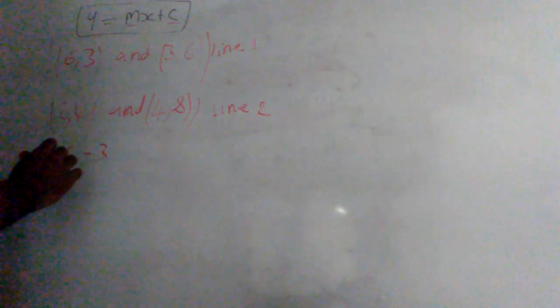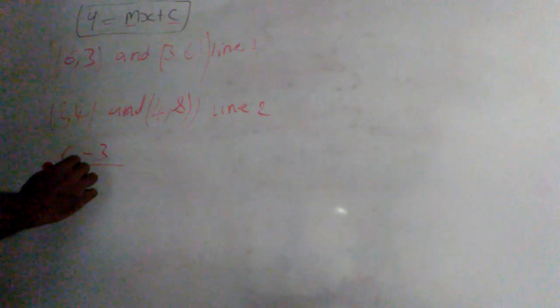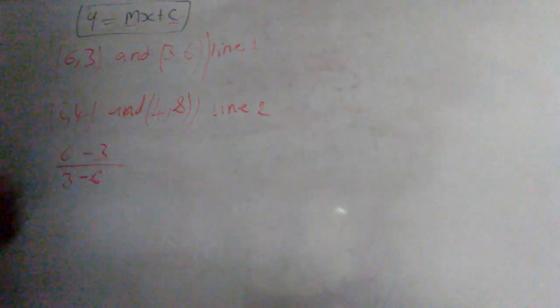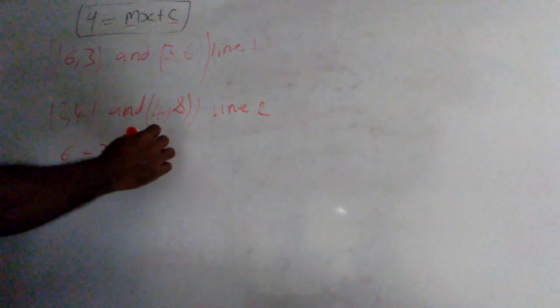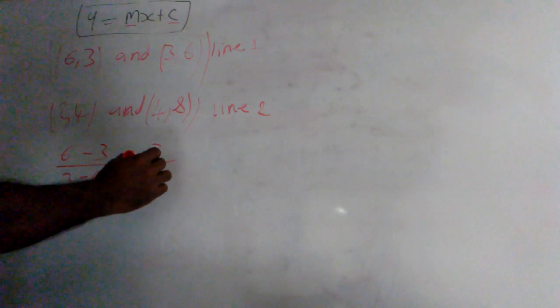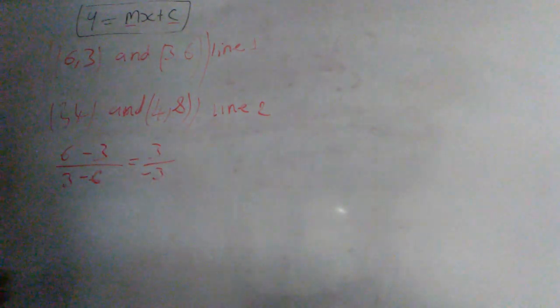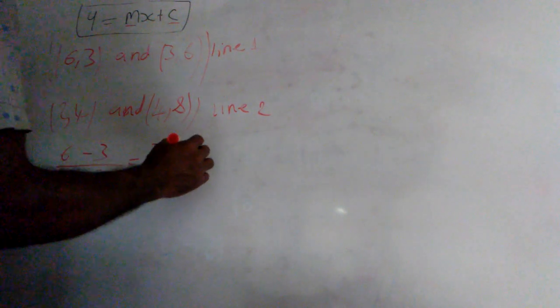So I'll have 6 minus 3 divided by 3 minus 6, and I will have 3 divided by negative 3, so that will be equal to negative 1.